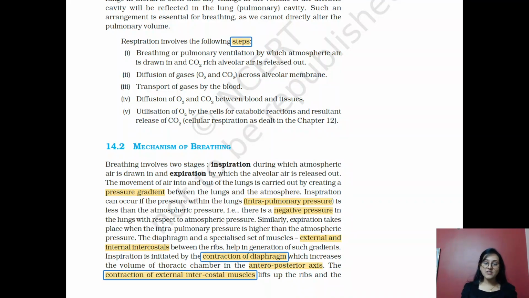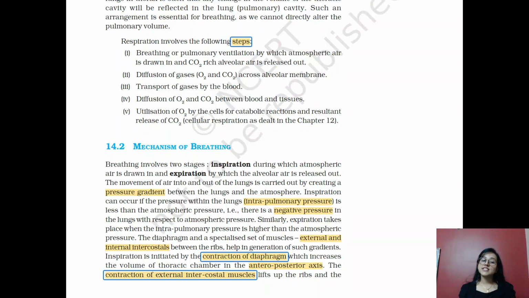In case of gases, from high pressure to low pressure. Likewise, inspiration can occur if the pressure within the lungs, which is intrapulmonary pressure, is less than the atmospheric pressure. So, if we imagine atmospheric pressure to be the standard 0, then the intrapulmonary pressure, which is less than that, is negative. So there is negative pressure in the lungs with respect to the atmospheric pressure.